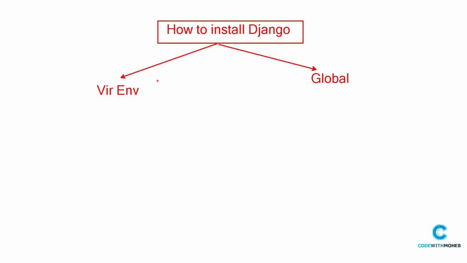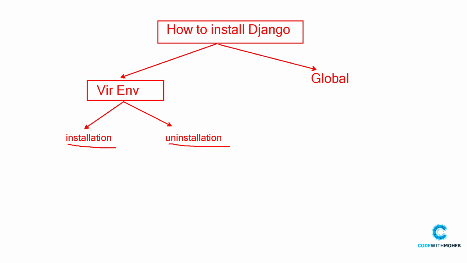So let's talk about the first method, that is installing Django in a virtual environment. I'll divide this part into two different parts. One is for installing, and the next one is uninstalling. So it means I will do both, how to install and how to uninstall.